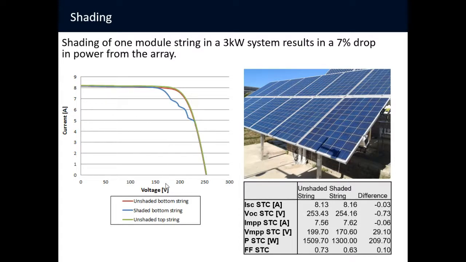When you look at the performance parameters in the table, you can see that amount of shading, on these 2 modules, can result in 200 watts being lost from the STC Pmax value.